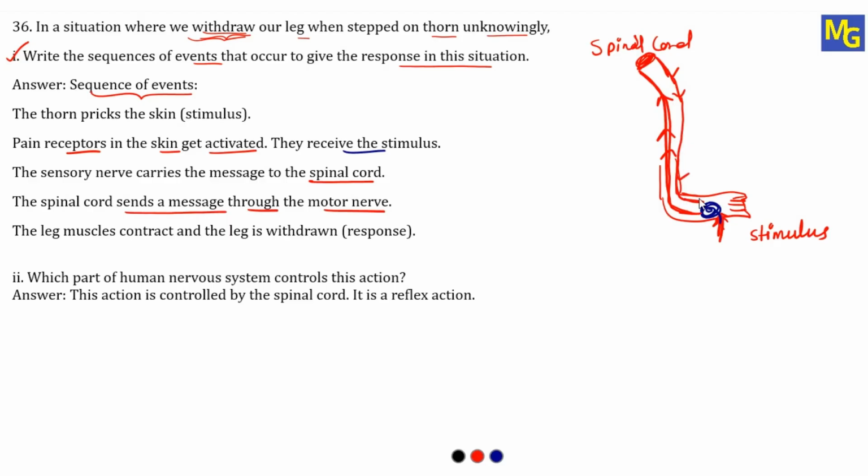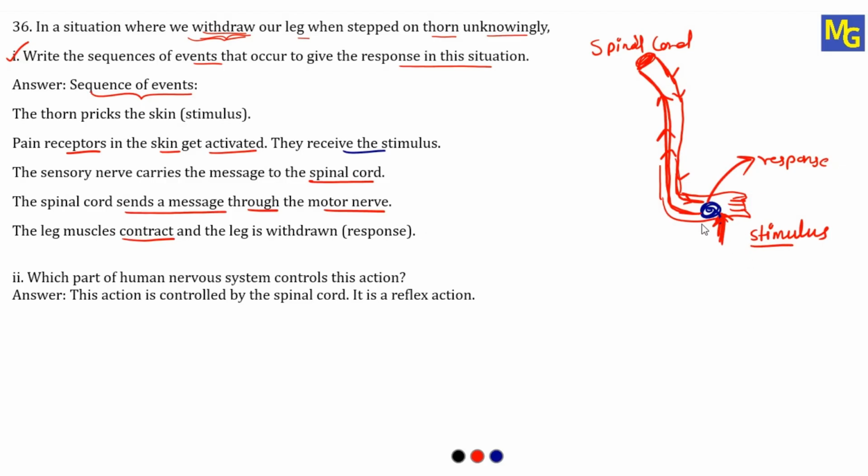And once they come back, the leg muscle contracts. So this back message will be given to the muscles present in this leg, the muscles which are also called effectors. All these muscles will contract and we will withdraw our leg immediately. And this is called the response. So these are all the events which take place. Remember, first the thorn will prick the skin, so we got the stimulus.